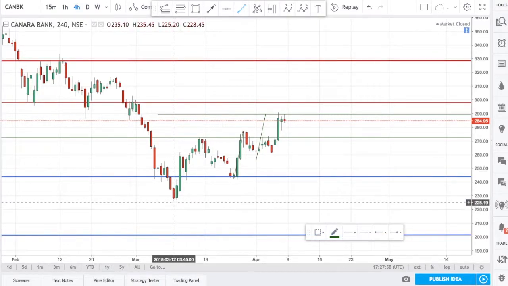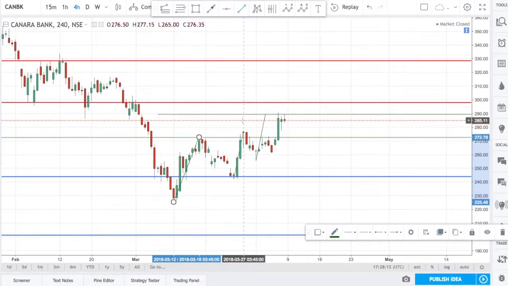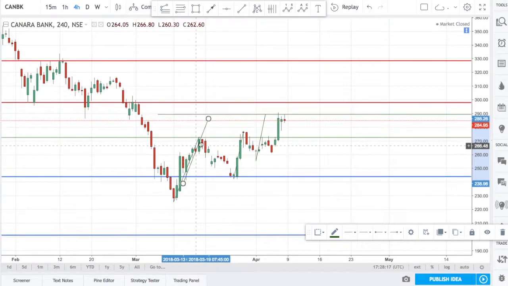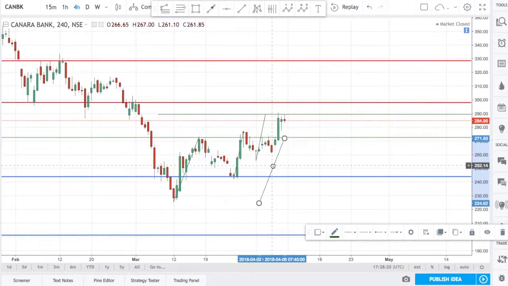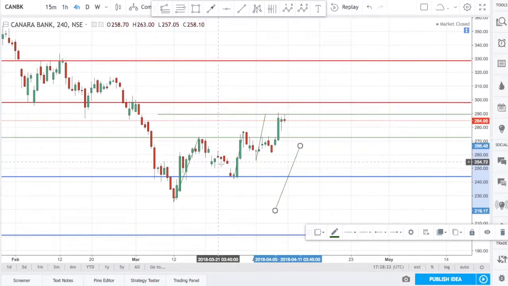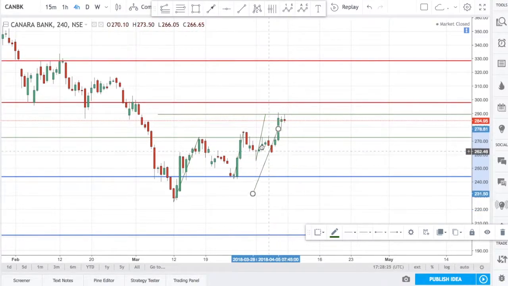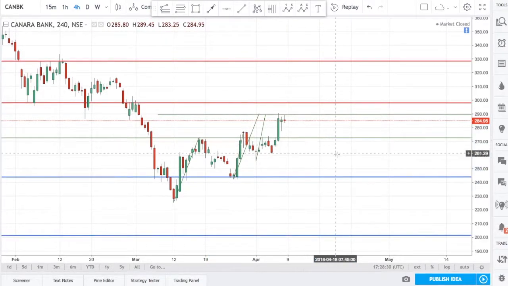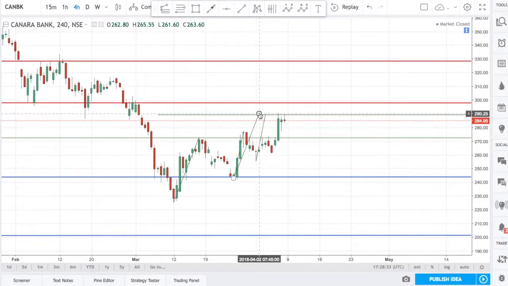We have another ABCD, and let's see where the D point terminates on this ABCD pattern. This is our AB leg. Let's take a clone. This is our BC retracement, and this would be our D completion point on the CD leg.